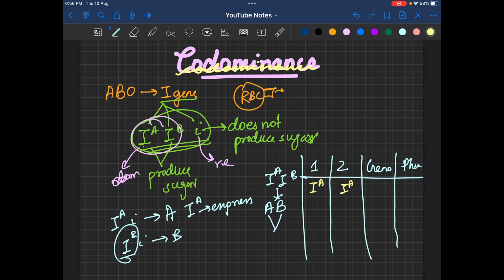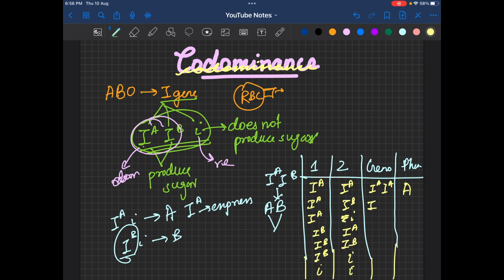I am writing all the combinations possible: IA IA, IA IB, IA small i, then IB IB, IB small i, and the final one small i small i. So the first one, IA IA, we know the phenotype will be A because it is dominant.